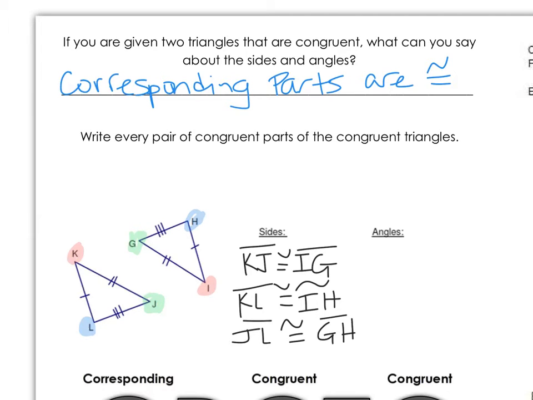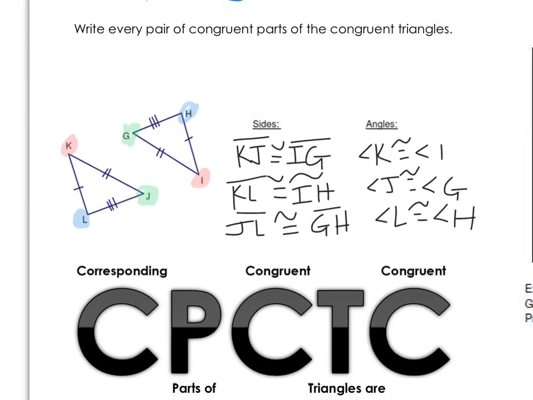So my angles that are congruent are K is congruent to I, J is congruent to G, and L is congruent to H. So that part we looked at when we very first started this unit, how to write those congruent statements.